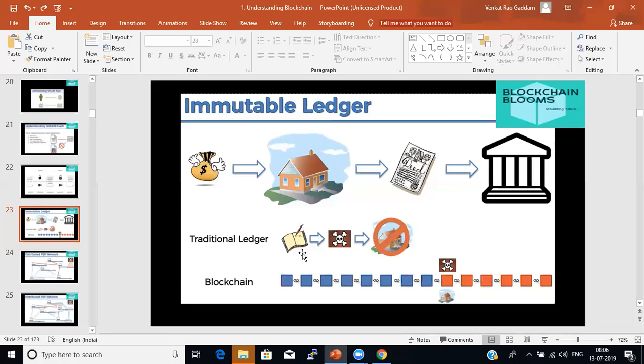If the data is recorded on the blockchain, and someone tries to modify it after some time, definitely a new hash code will be generated, and that hash code will not match with the next blocks.